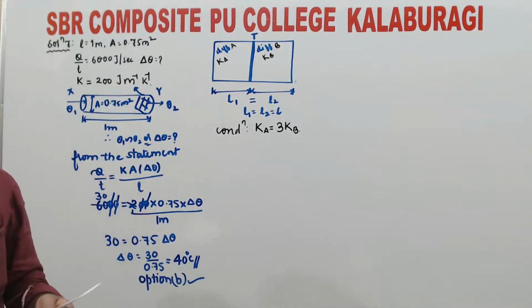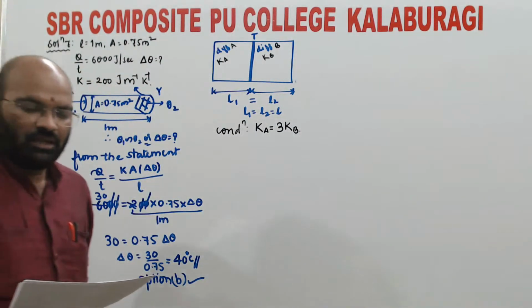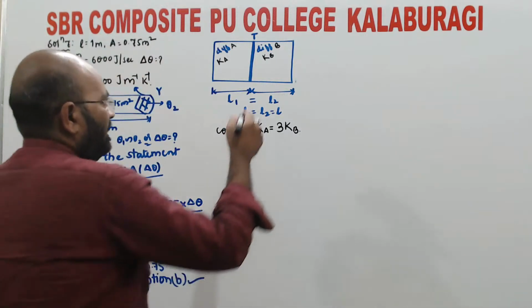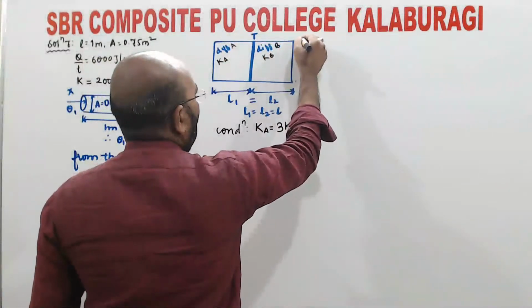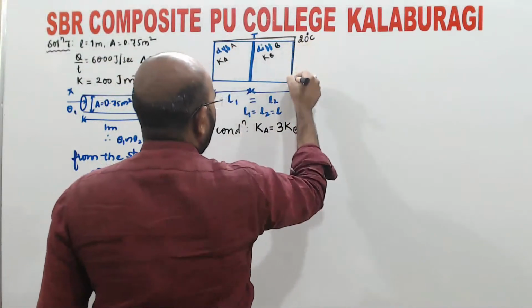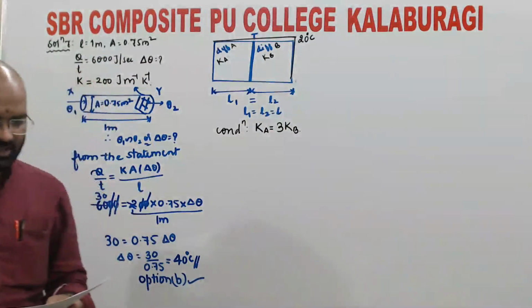Here the condition is that the temperature across the wall is given as 20 degrees Celsius.